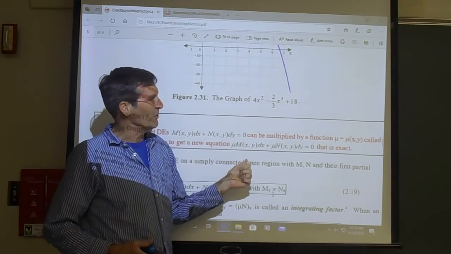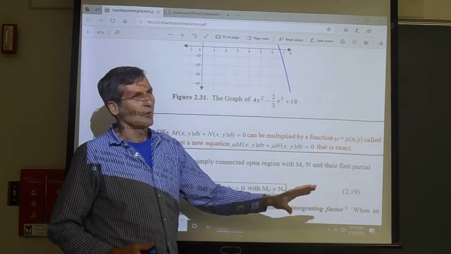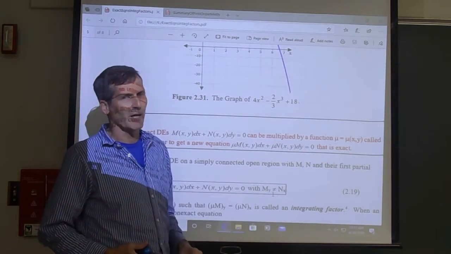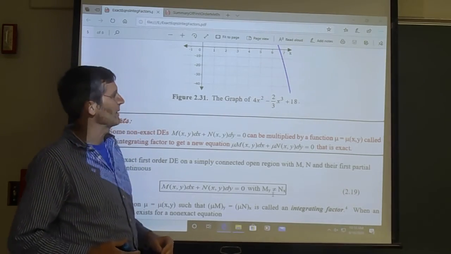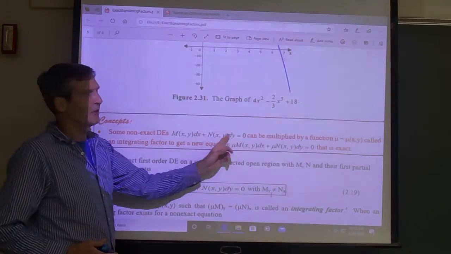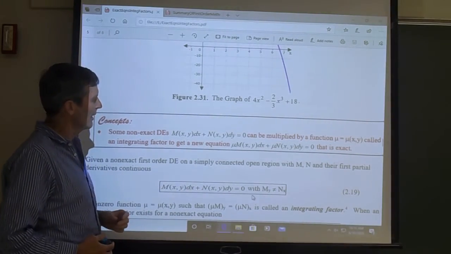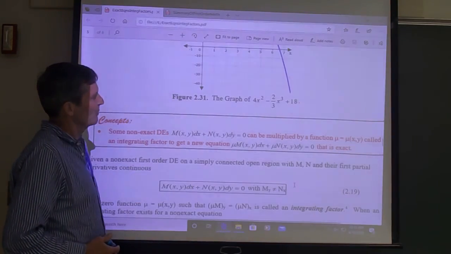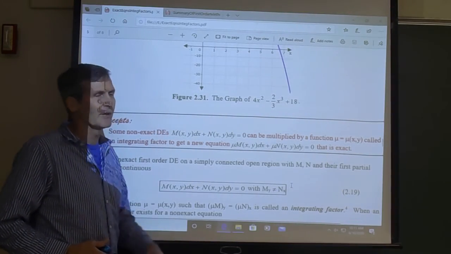Sometimes you can multiply through by the right function and make it exact. That function that you multiply through by to make an equation exact is called an integrating factor, and that'll be the next topic. We don't actually have to always get lucky for this method to work. Sometimes we can make it work, right? And that'll be the next section we'll do next time because it's too much for today, even though it's all one section.